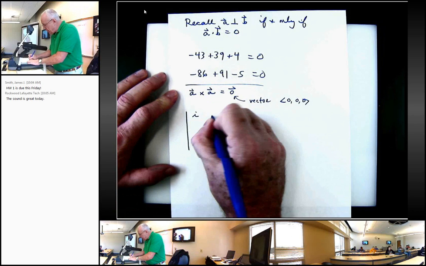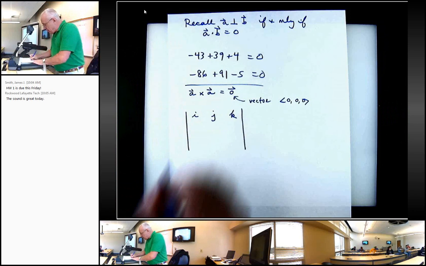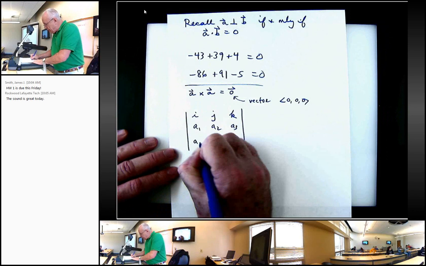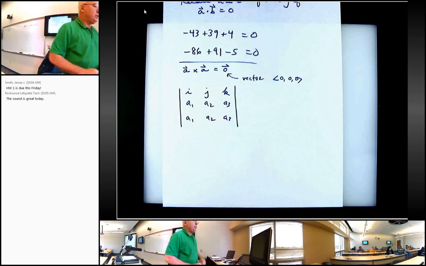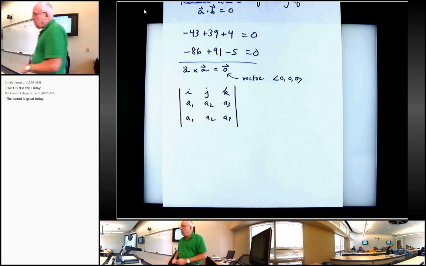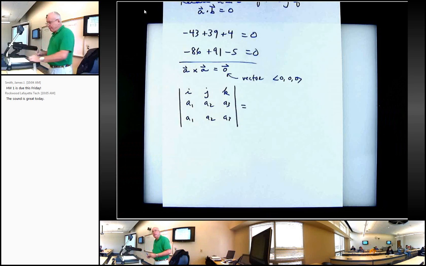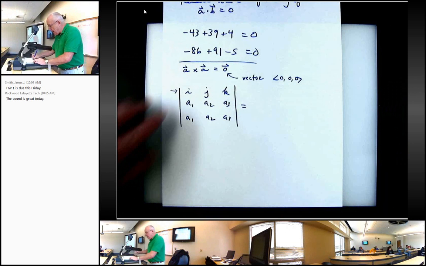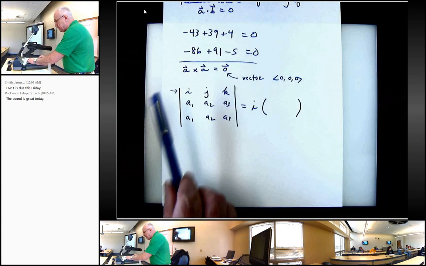I, J, and K. Let's say A is A1, A2, and A3. And remember, we're repeating it. We're taking the cross product with itself. So I repeat those elements. And then I go through my determinant here. So we go through that first row, I, and then I'm multiplying I by this.